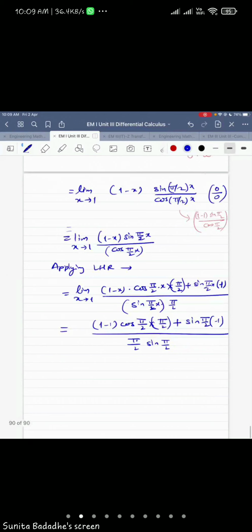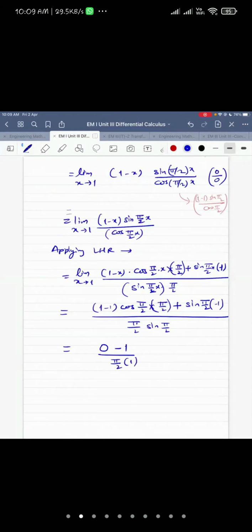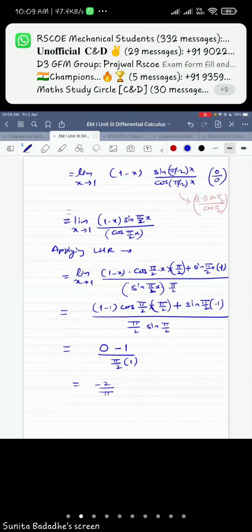So what will it give us? It will give us 0 minus 1 upon pi by 2 into 1. Isn't it? So what is the final answer? Final answer is minus 2 upon pi.